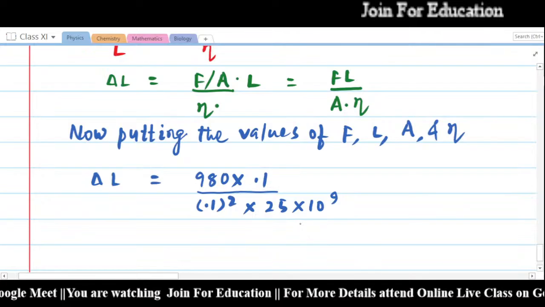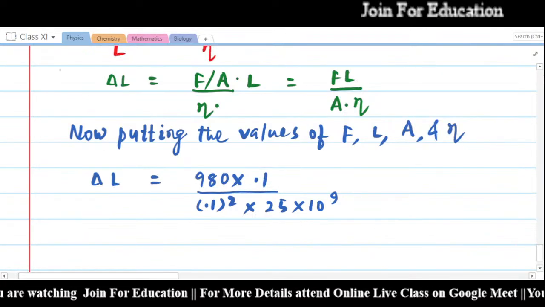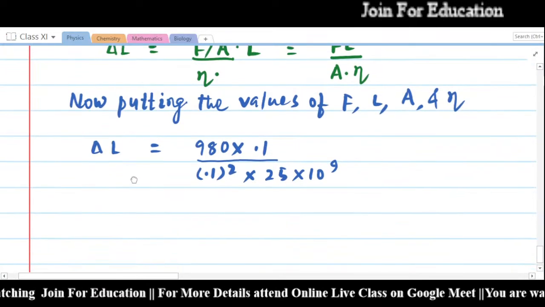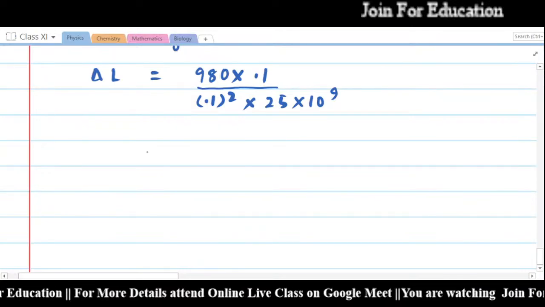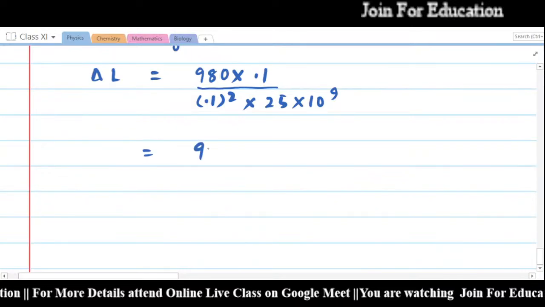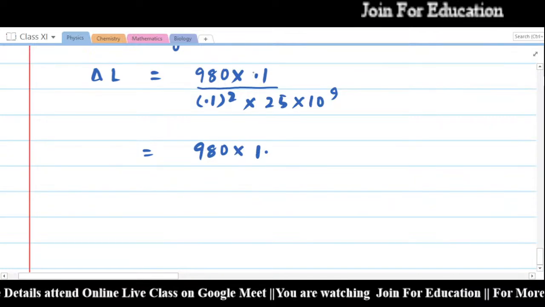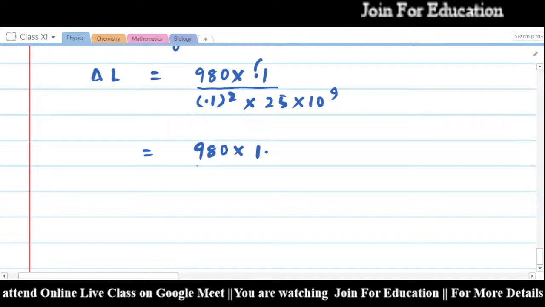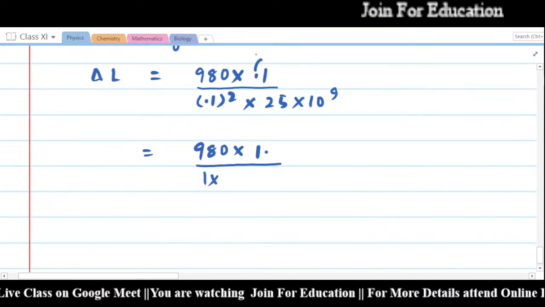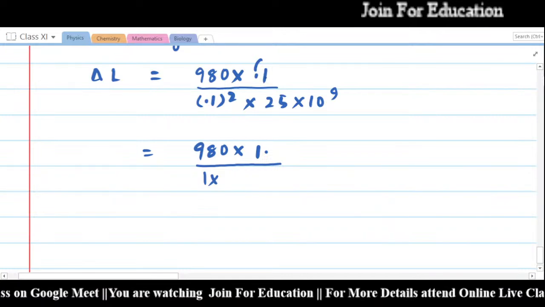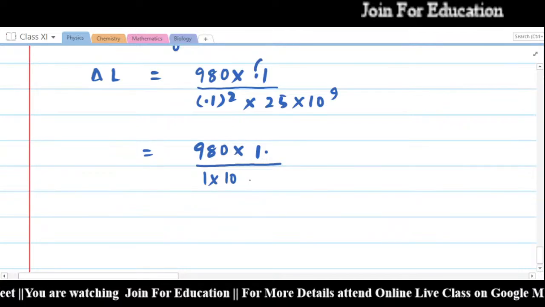There is no problem to understand up to this step. So let's see, the next step will be equal to 980 into 1, and for the decimal we remove the decimal, we write down here 1, and on the right hand side of the decimal we have one digit, so we write down here 10.